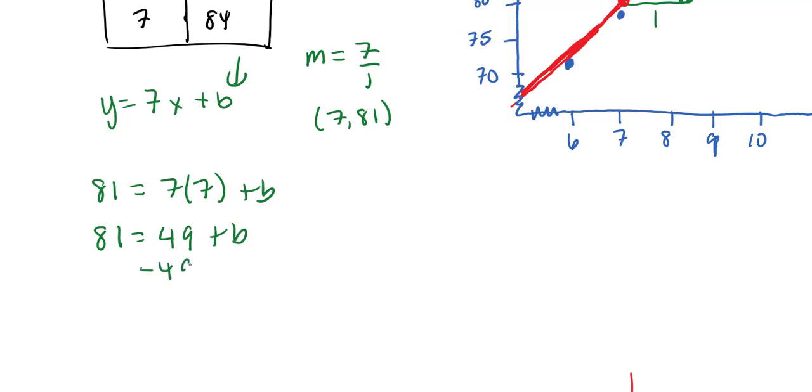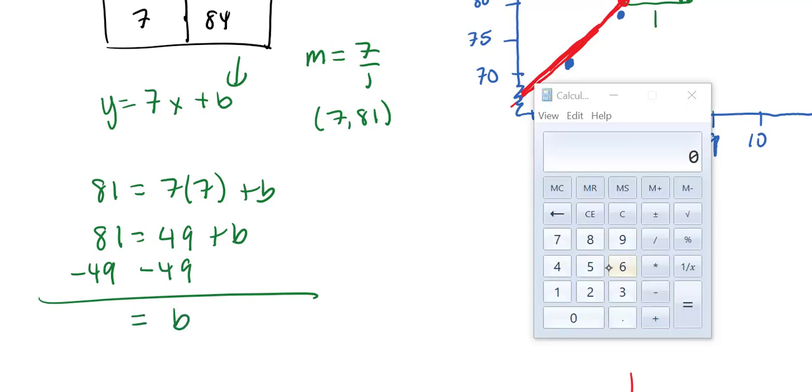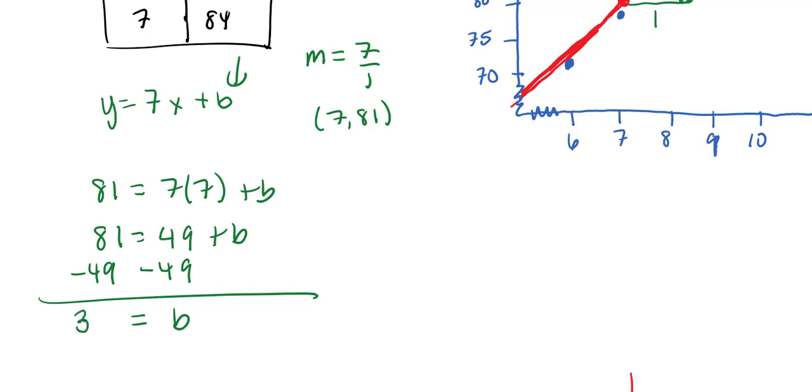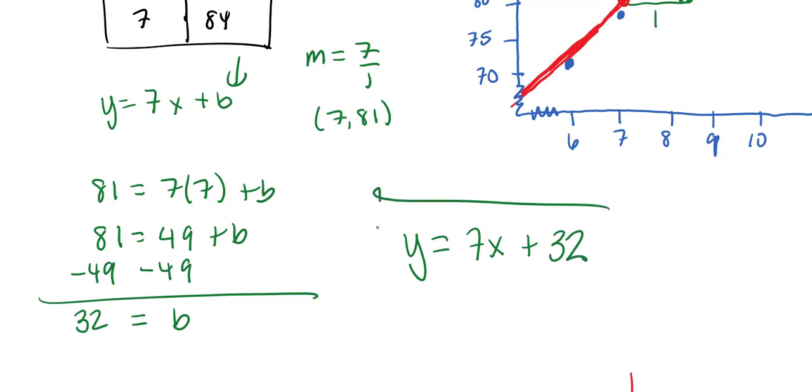Then we subtract on both sides, so b is equal to 81 minus 49, and we get 32. So let's write out our equation. We have y equals 7x plus 32. This would be our equation.